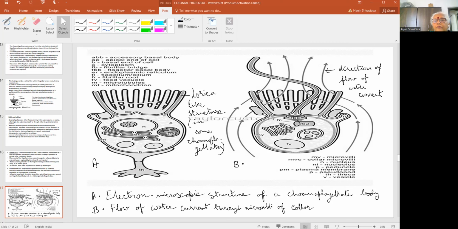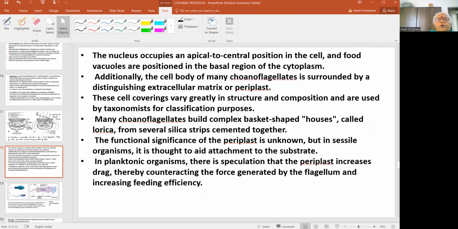The water current flows through this entire cell and then goes out, passing between these lorical microvilli filaments. During that process, the food particles are entangled in these microvilli. So this is the detailed structure of a single choanoflagellate cell.